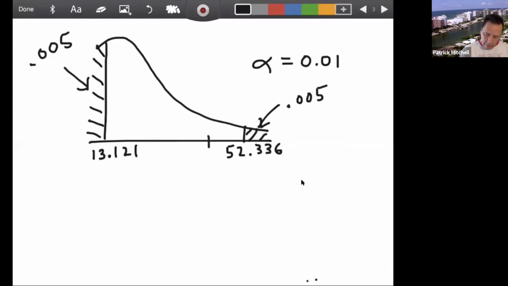So that falls in between. The shaded area is our critical region, also known as our rejection region. So if our calculated chi-square value had been down here or up here, I would have rejected my null hypothesis. But since it's not, this is going to be a fail to reject.